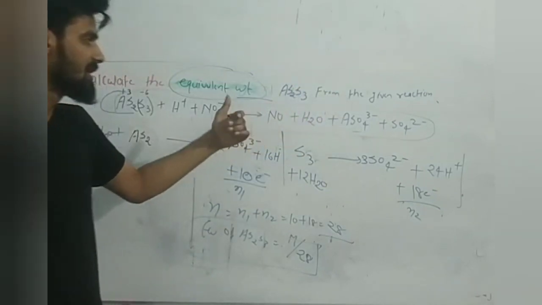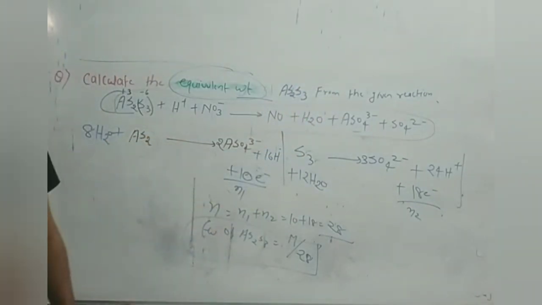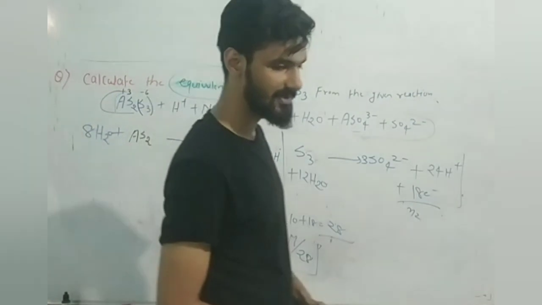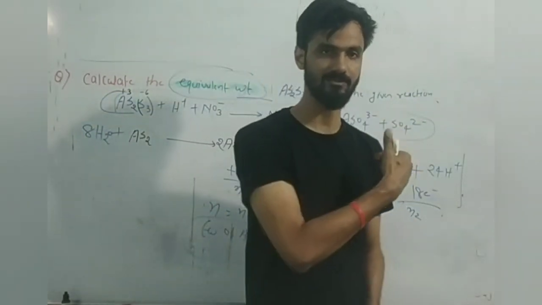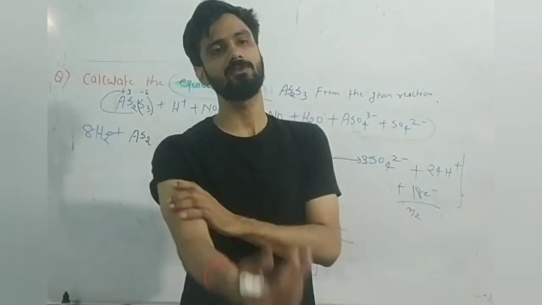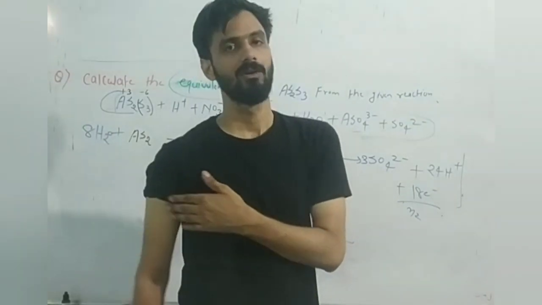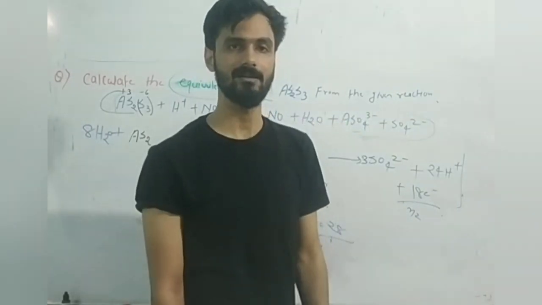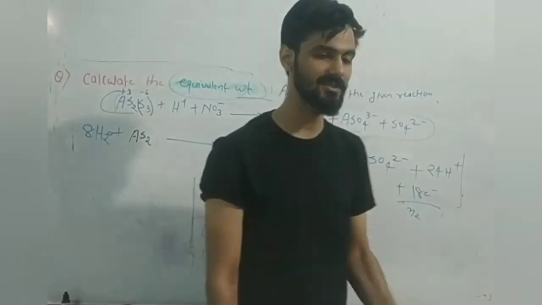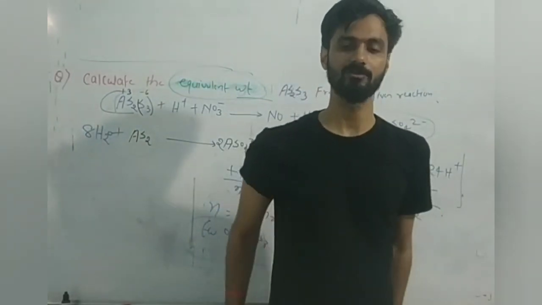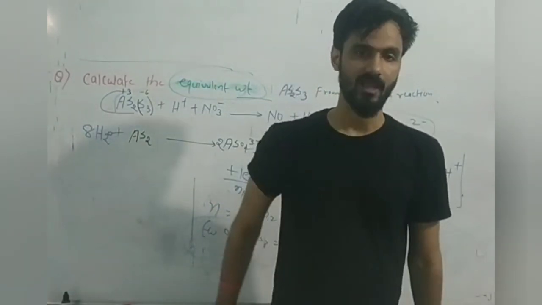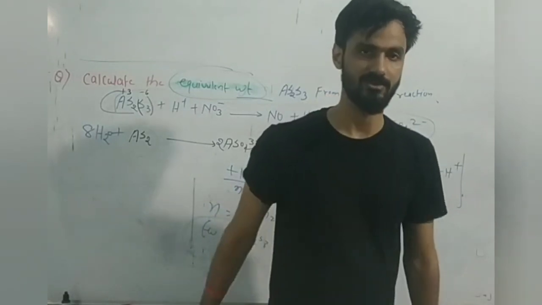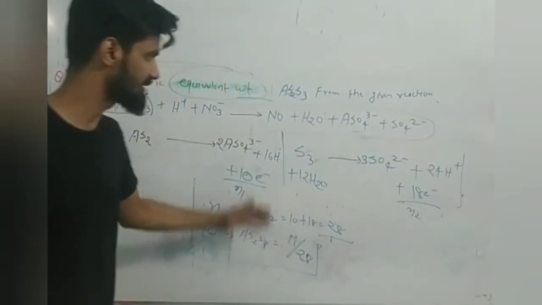If you are able to solve these types of questions comfortably, then the topic becomes very easy for you. Whatever questions I have taught you right now are all standard level. If you can solve all of these, you will be able to solve most of the questions regarding the calculation of N factor and redox titrations. Okay, so that's it. Just write it down.